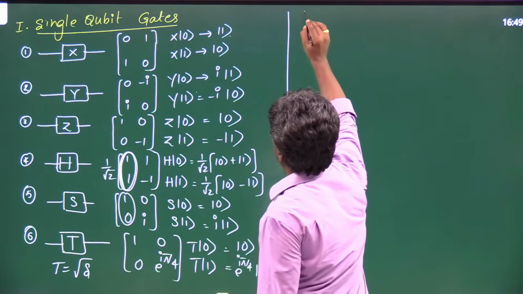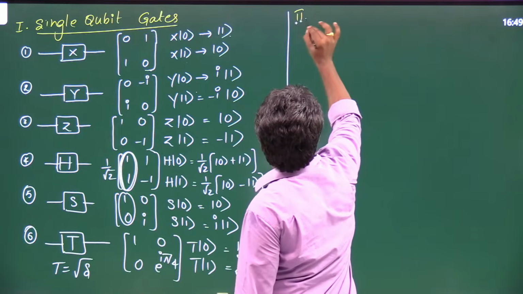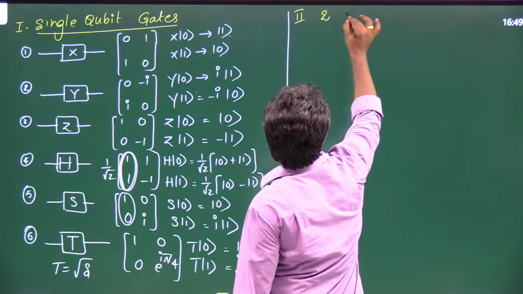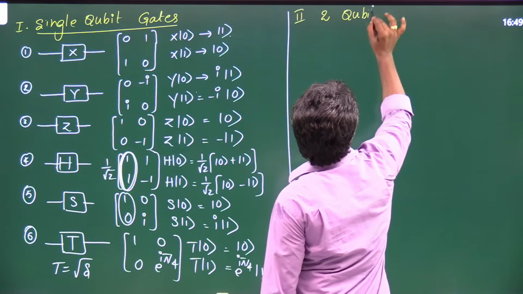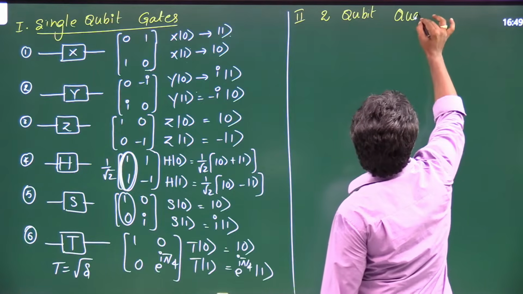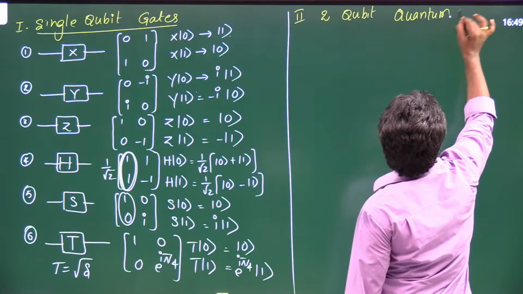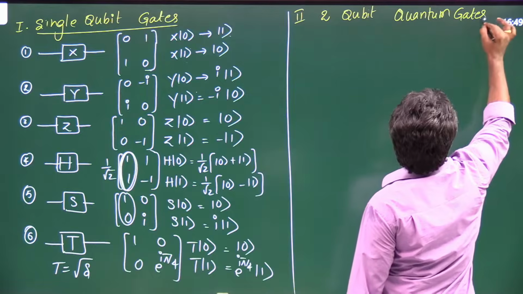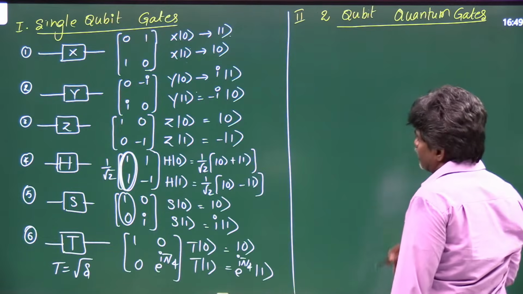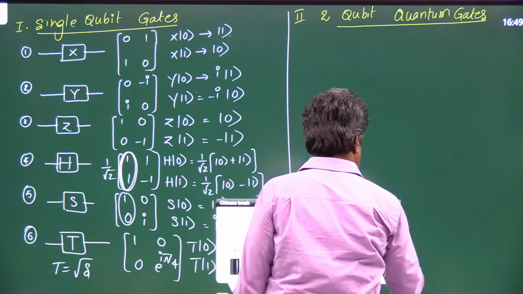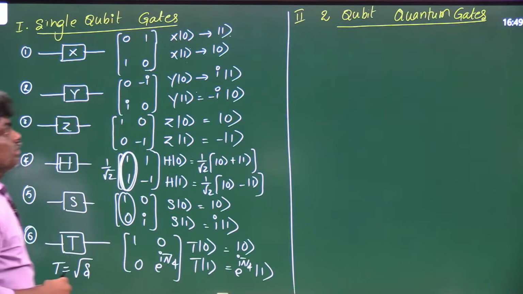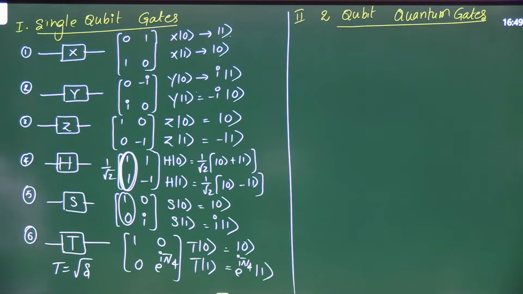Next, the second one, 2 qubit quantum gates. Write all the things at one place. Two qubit quantum gates.